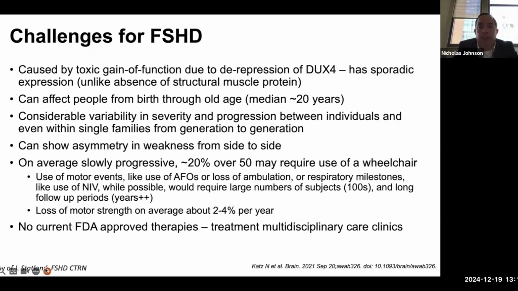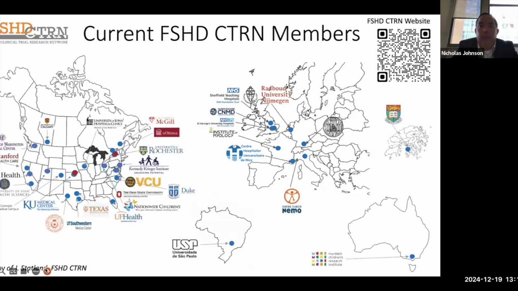So this is really kind of where we started in terms of therapeutic development. The good news is, and a big credit to Dr. Statland at the Kansas University Medical Center, and then Dr. Tawil at the University of Rochester, that there's an FSHD clinical trial research network. These are the sites here that you can see. It's really expanded over the last few years.